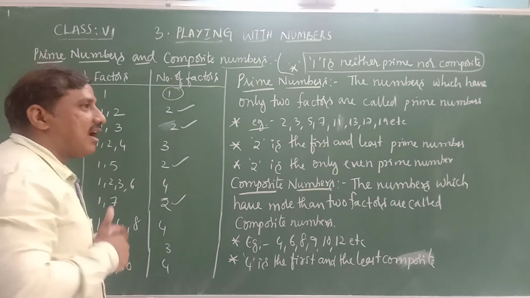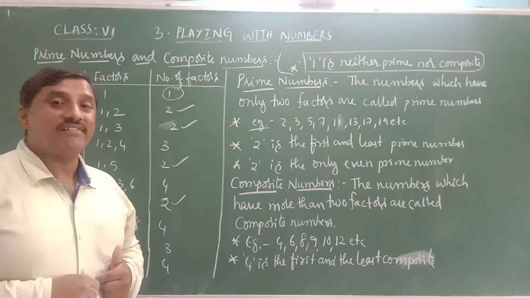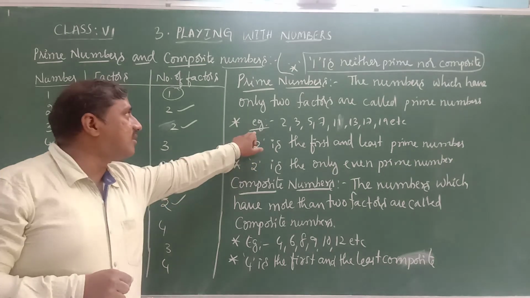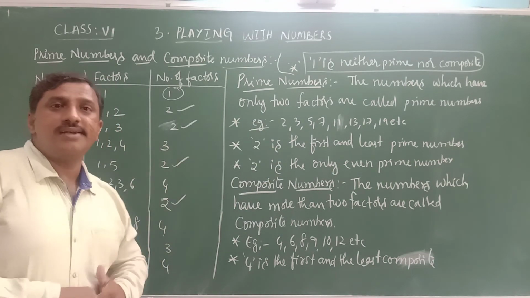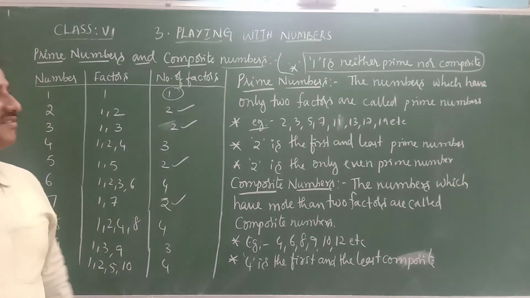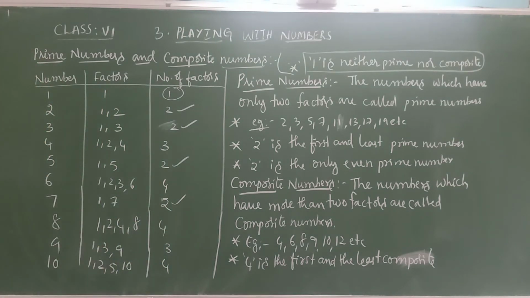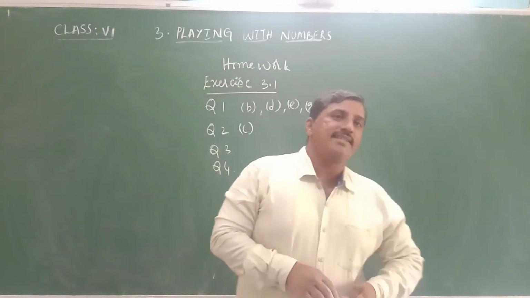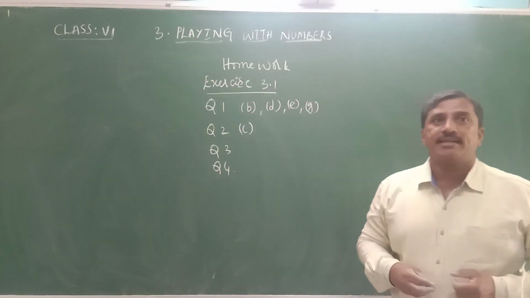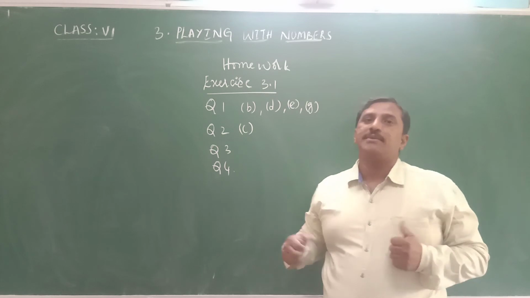Now we will discuss what are odd numbers and even numbers. Just now I introduced the words odd numbers in the prime numbers. Is it clear, children? Make a note of this. We will discuss odd numbers and even numbers in the next class.